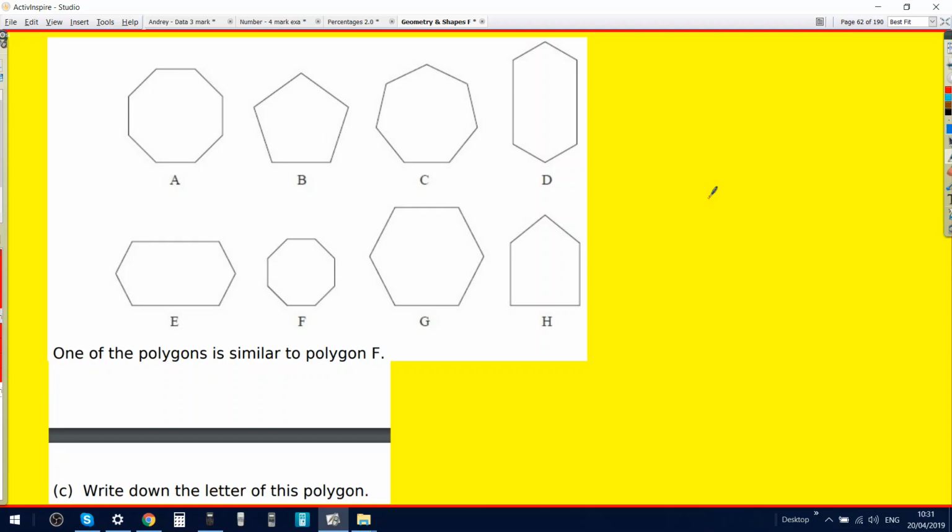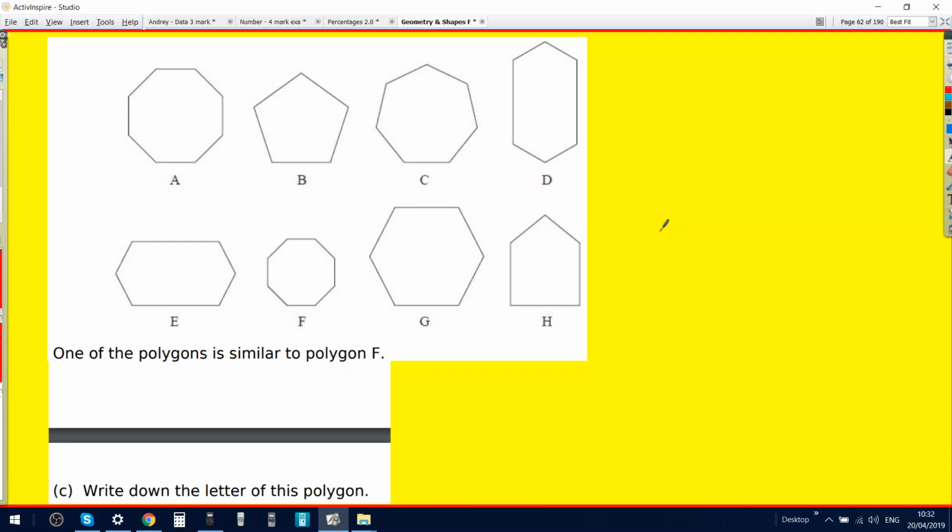How about this one? Similar to polygon F. Write down the letter of this polygon. So it's got 1, 2, 3, 4, 5, 6, 7, 8 sides. So it's an octagon. Okay, and you have to find one that's similar to it.